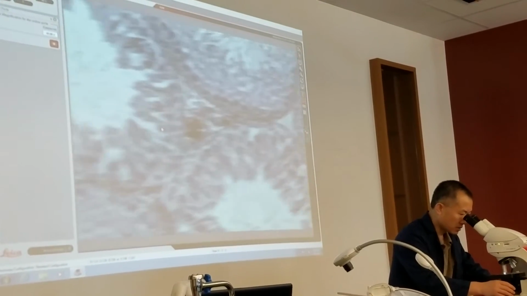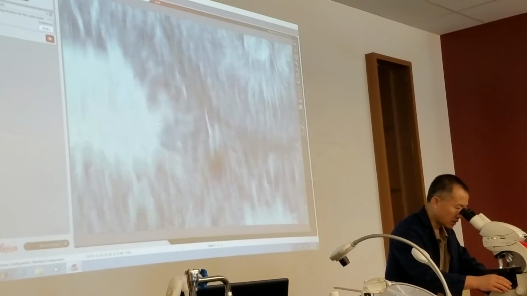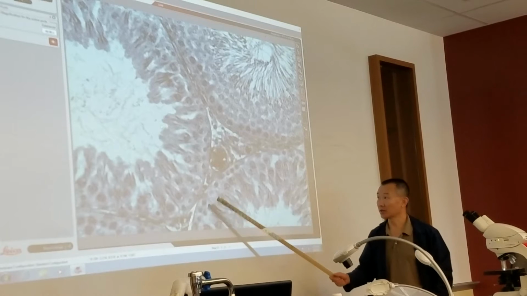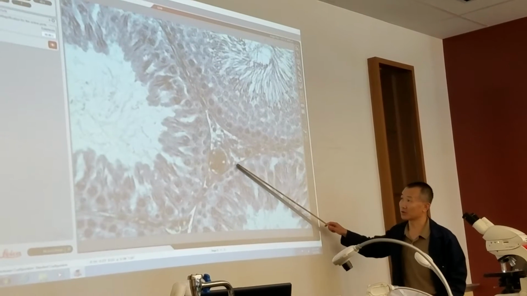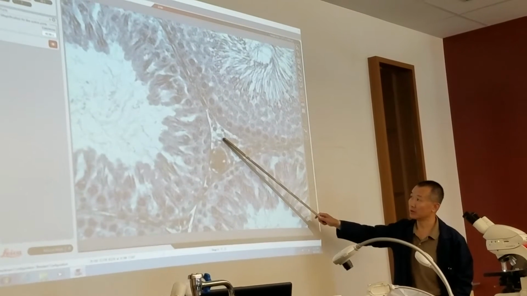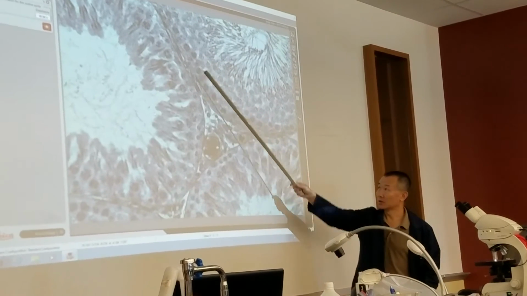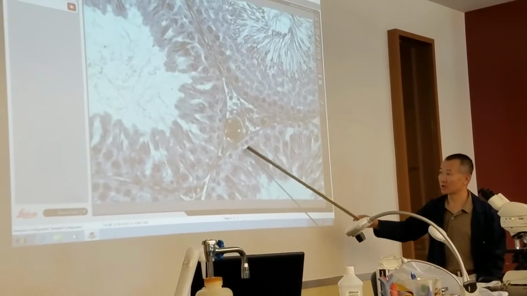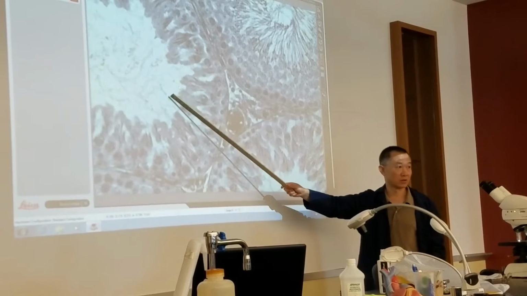The first question: I put a pointer like this, pointing to one of the cells over here, and ask you, around the pointer, this circular structure. What is the name of this structure?